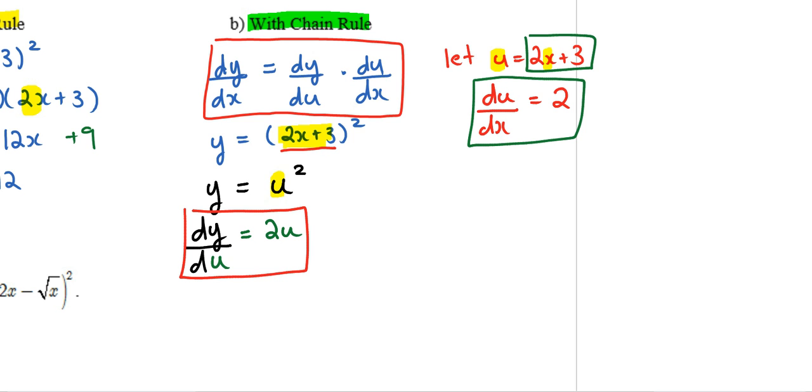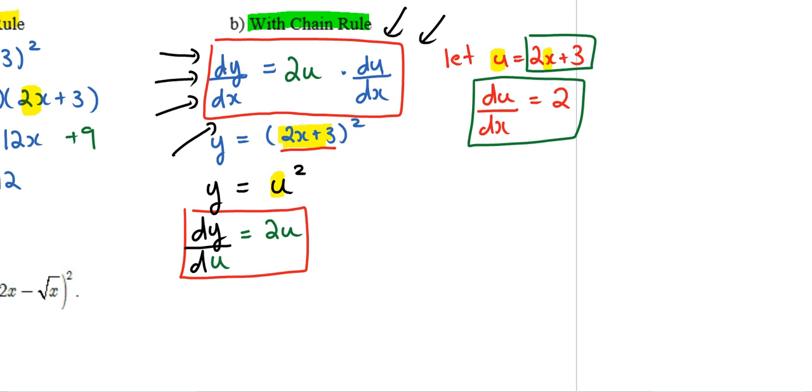Now, if I go back to the notation that's given to me right from the get-go, if I focus my attention on dy by du, what's dy by du? Well, dy by du is simply this guy right here, which is just 2u. So let me delete this and replace that with 2u.